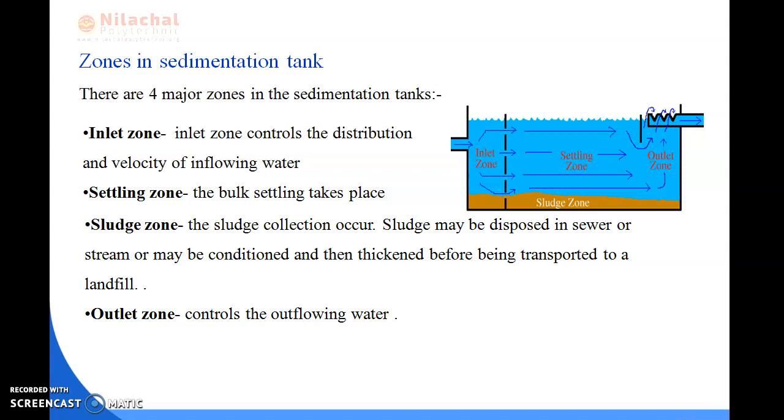In the settling zone, bulk settling takes place. In the sludge zone, sludge collection occurs, and the sludge may be disposed of in a sewer or a stream, or it may be condensed and transported to a landfill. The last one is the outlet zone, which controls the flow of the water. So there are four zones in the sedimentation tank.